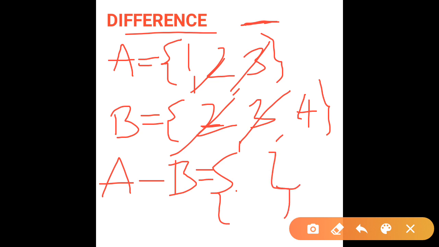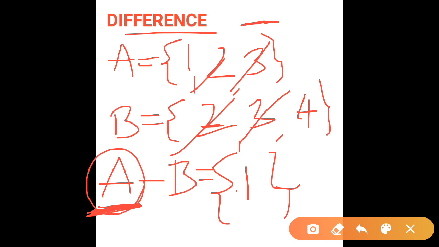So remaining elements means what? 1 and 4? No, because I'm writing only 1. Why? Because you should always write the rest of the elements of the first set.